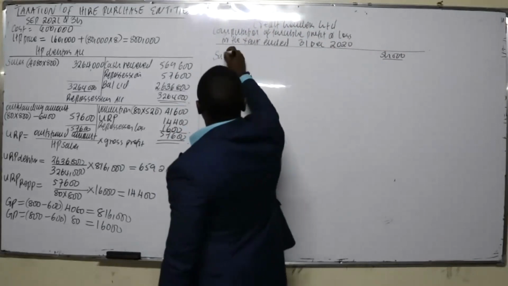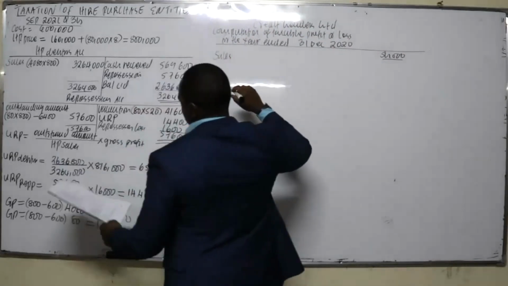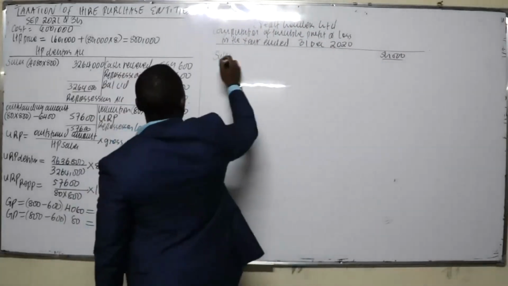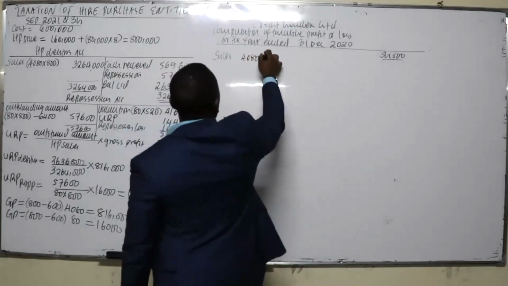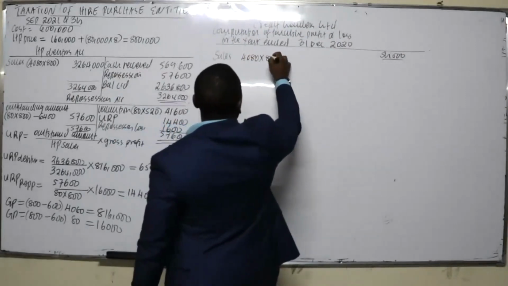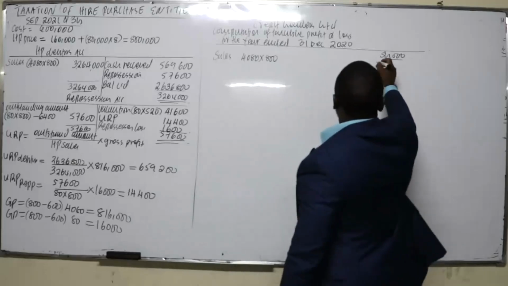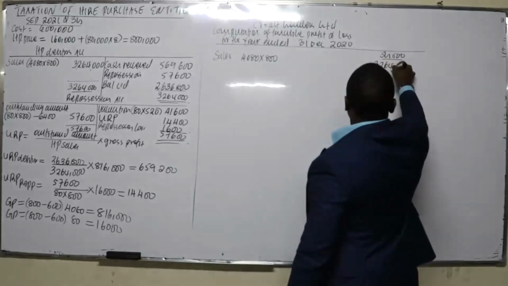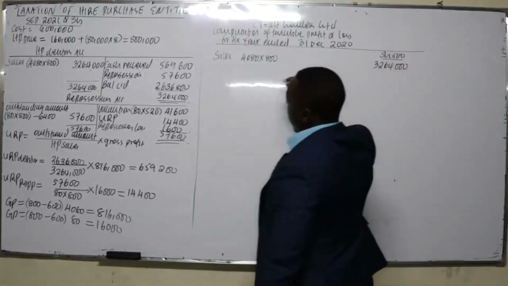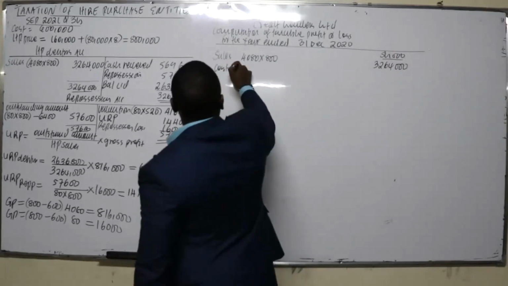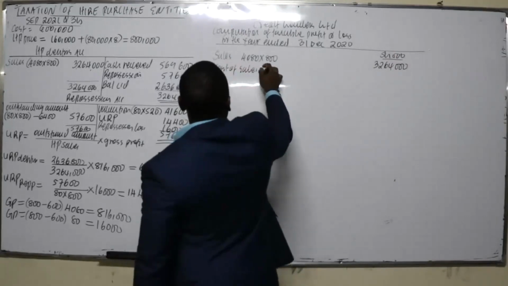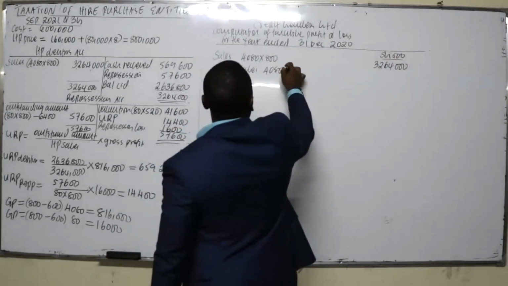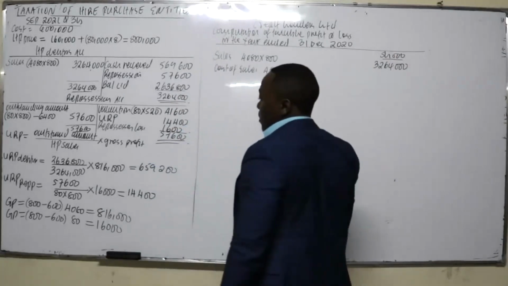Start with the sales. You already have the sales. Here are the sales. We sold 80 machines, each at 800. We got that to 64,000. Then you raise the cost of sales. 80 machines, each at a cost of 600.